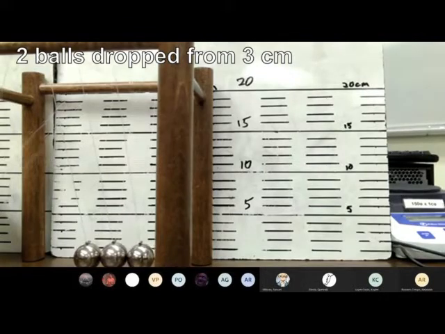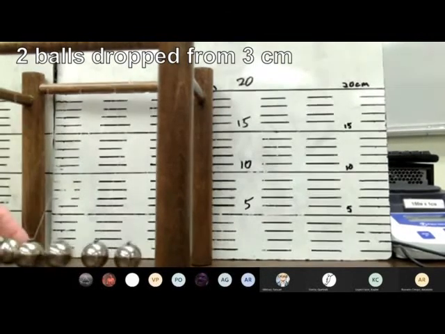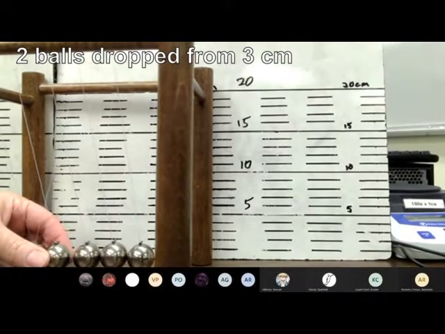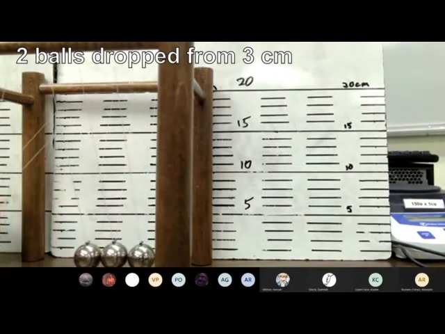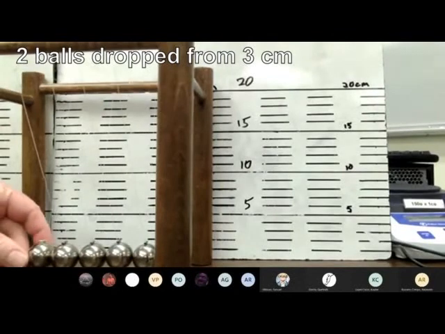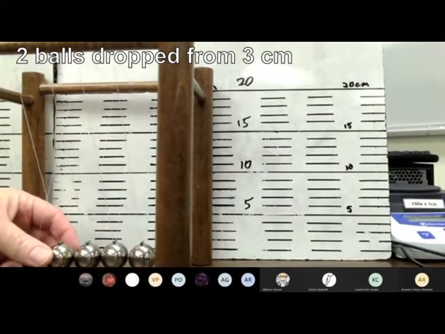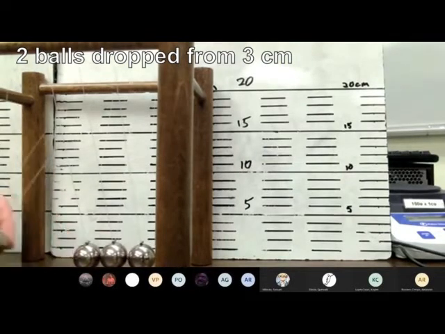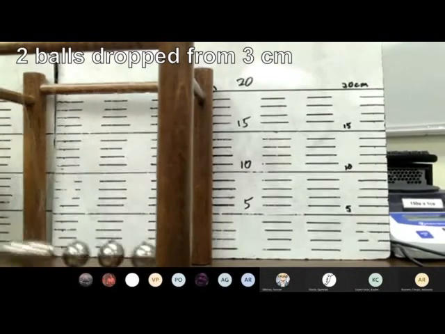3, 2, 1. Only measure the first swing. Next trial. 2 balls at 3 centimeters high. 3, 2, 1. 3, 2, 1.